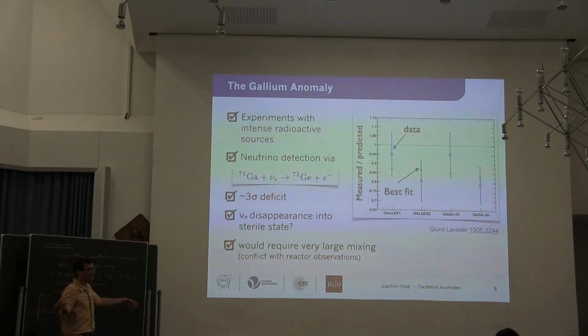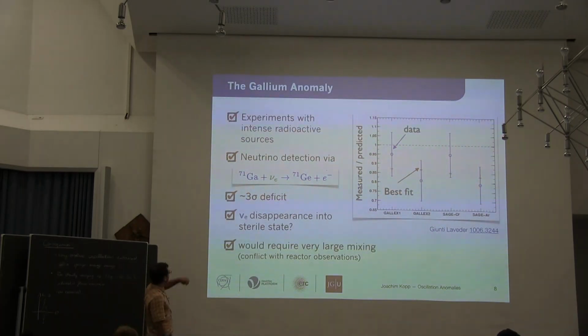you have a tank filled with some material. You wait for neutrinos to interact with that material, and then you chemically extract the interaction products. That's, in fact, a relatively old neutrino detection method. For instance, this is how the first solar neutrino experiments worked. And in fact, these measurements also came out of experiments that were originally designed for solar neutrinos.